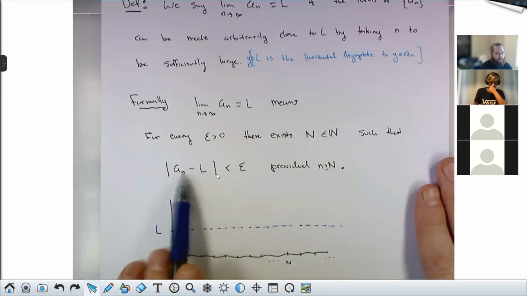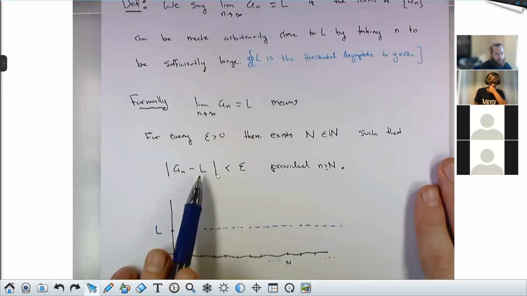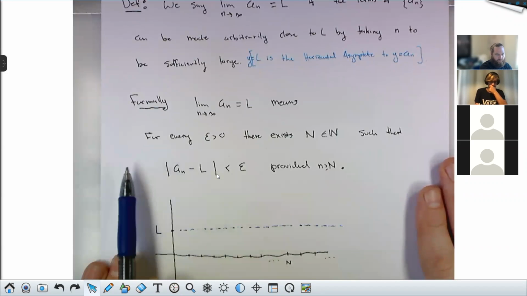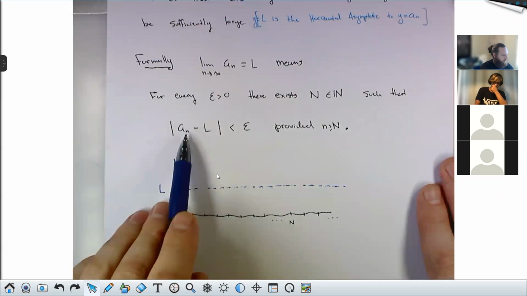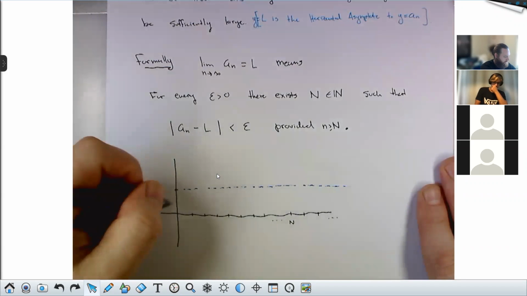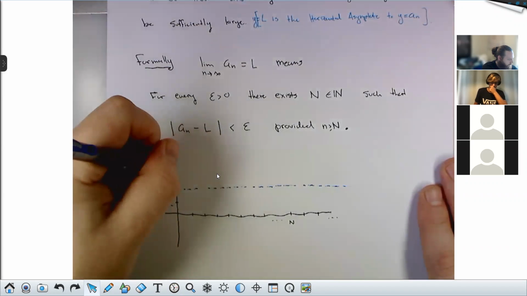If you unpack this inequality, it says negative epsilon is less than a_n minus L is less than positive epsilon, which means that a_n is bigger than L minus epsilon and smaller than L plus epsilon.